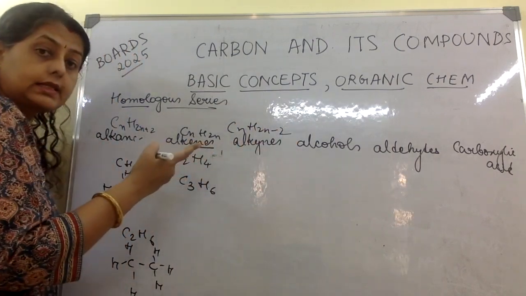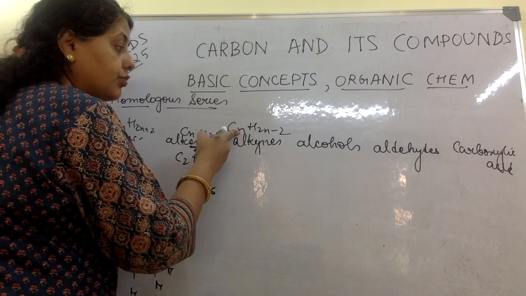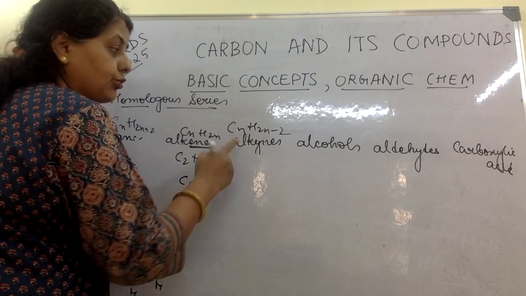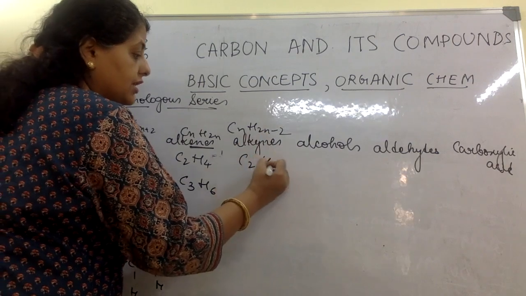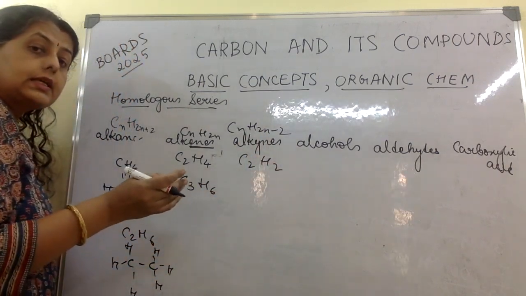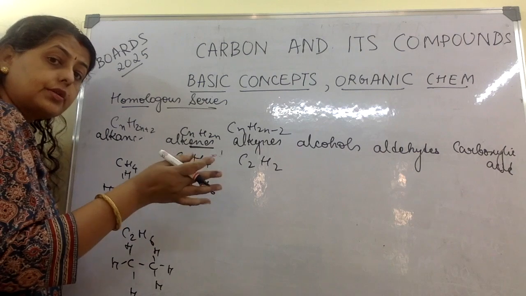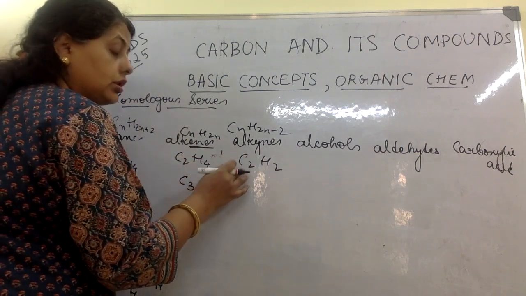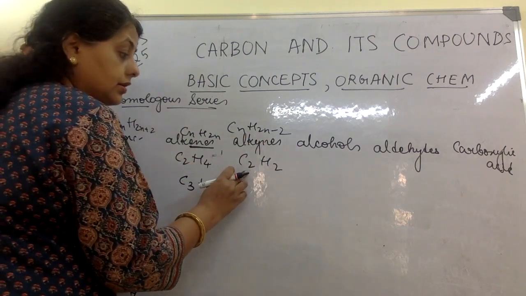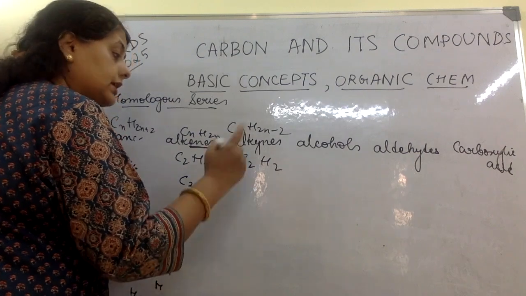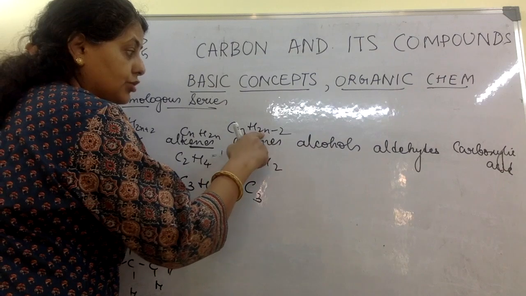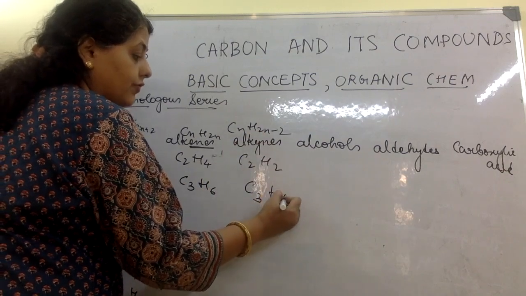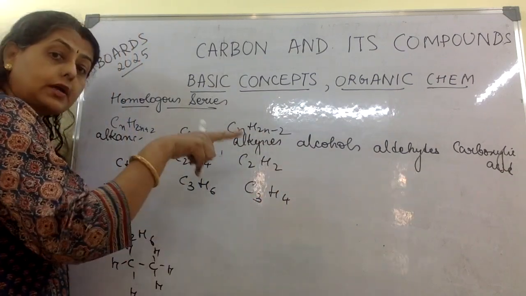This is alkynes. If you put 1 here, you can't get a compound. So C2, if you put 2 here, H2. This is ethyne, also called acetylene. Now if I take the next one, which is 3, then how much do I get? 4. This is propyne.